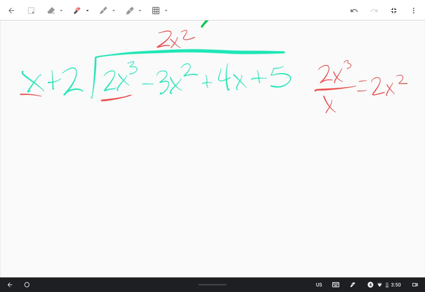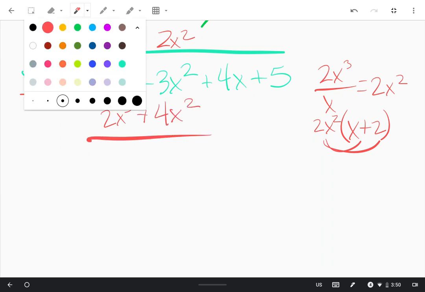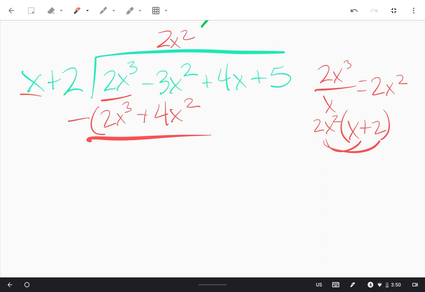Then I take 2x squared and multiply it times x plus 2 and distribute. That becomes 2x to the third plus 4x squared. Then I subtract this whole thing. That cancels, which is what we want. Then negative 3x squared minus 4x squared is minus 7x squared. Bring down my next term.